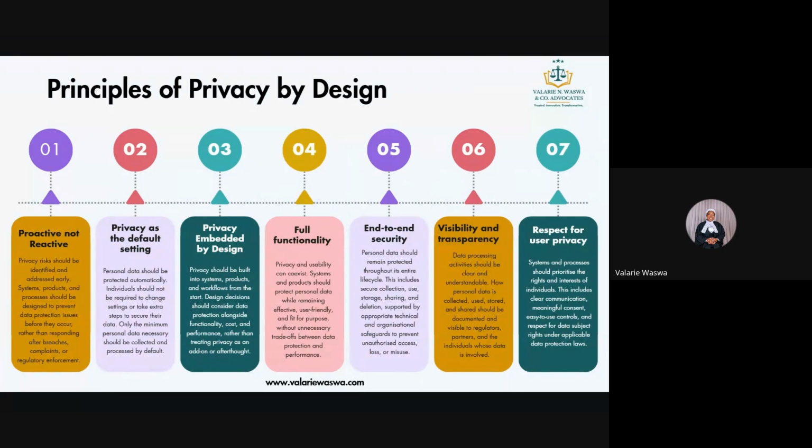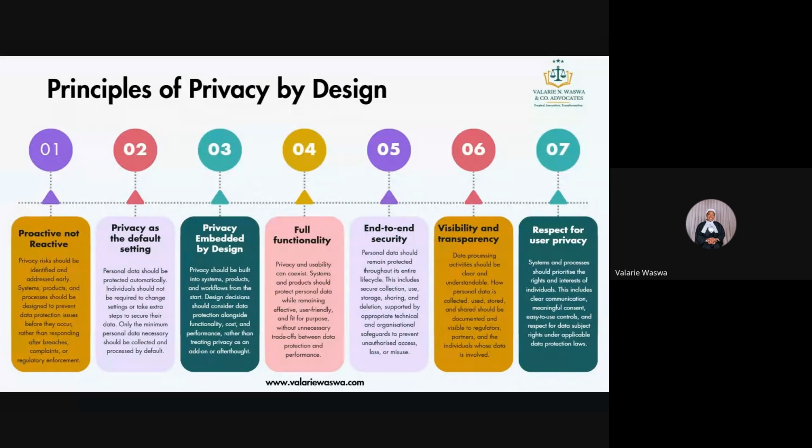In these principles of privacy by design, there are 7 main principles, and I would like us to go through them. From the practice we've seen with our firm and engaging with other partners, it is used in North America, Europe, Africa, it's used globally. So it's like the standard.